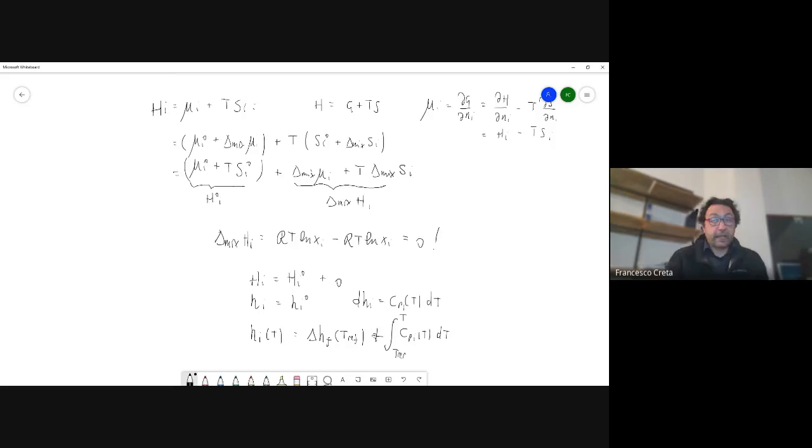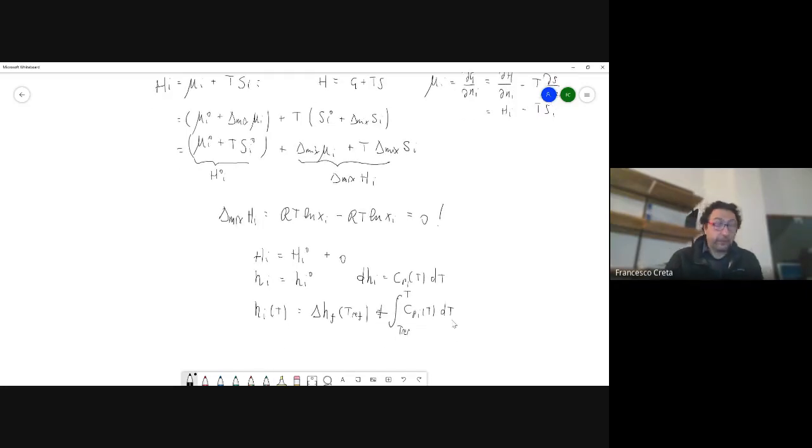So this is the standard enthalpy of formation, this one here, and this is what we call the sensible enthalpy, which I think you've seen many, many times.